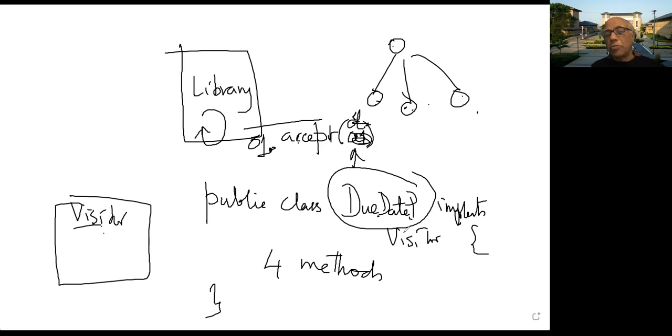Due date P implements visitor. So this is a visitor, right? D is a visitor, and all these accept methods have just one line.